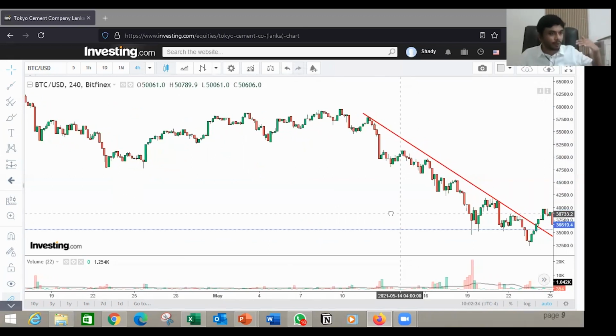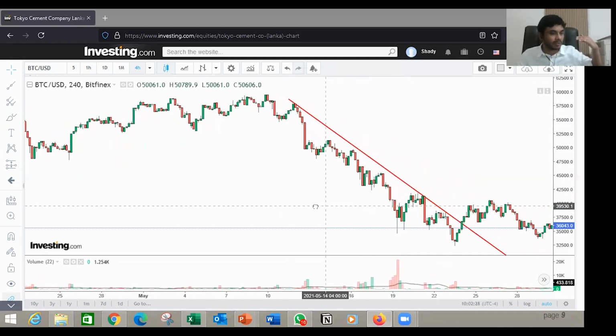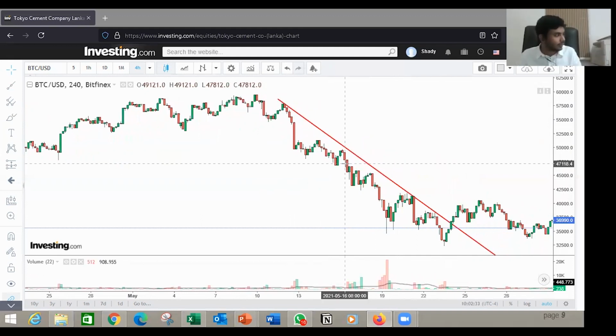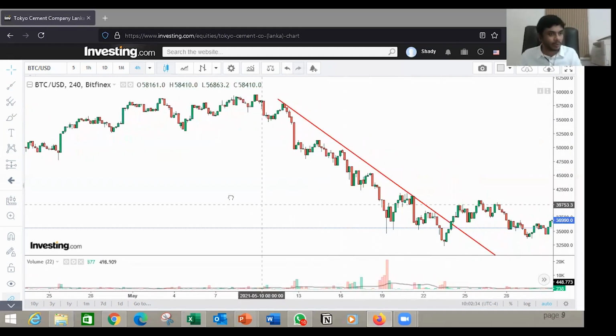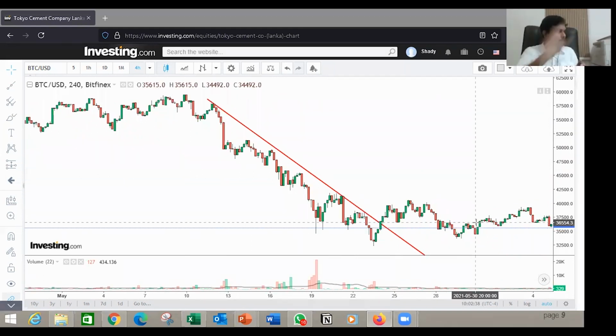From that point onwards, we can see how Bitcoin started to move sideways. So the downtrend is discontinued, and now we can see the price is heading in a sideways direction. The market phase of downward trend is finished, and now it is heading sideways.